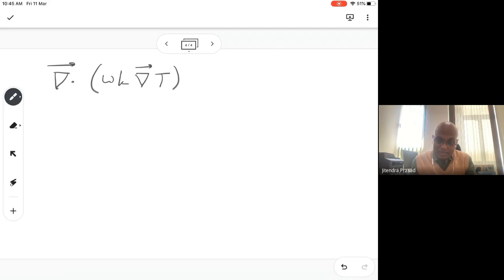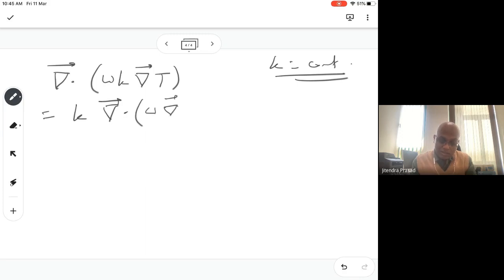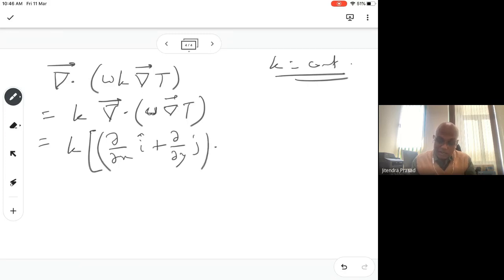So this is equal to K times this dot W del T, which is equal to K times del over del X i plus del over del Y j, dot W, which is a function of X and Y both, then del T over del X.